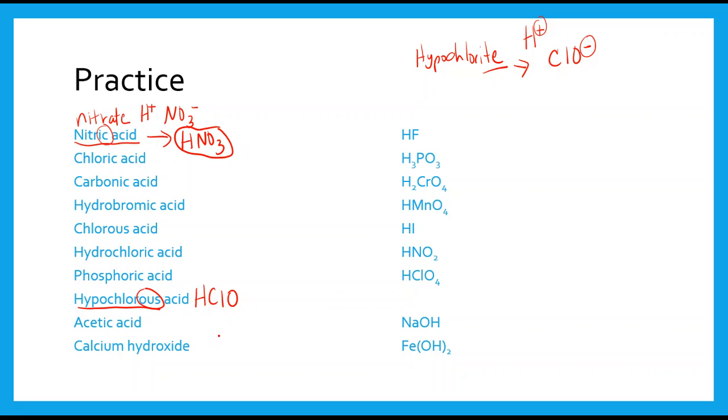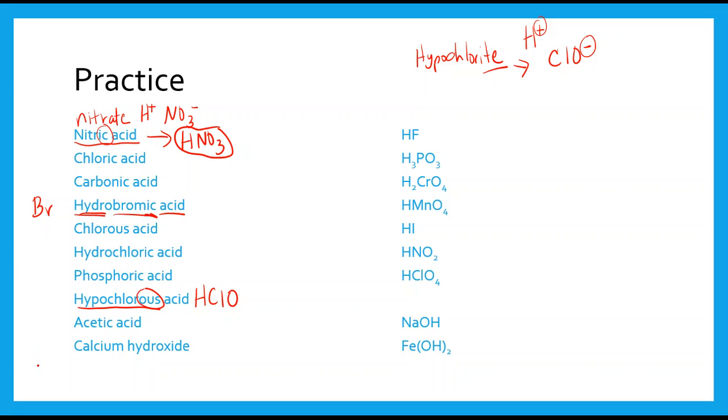All right, let's look at one more here, like hydrobromic acid. What does hydro-ic tell me about what I'm dealing with? Ate, ite, or ide? No oxygen, so this is just Br.